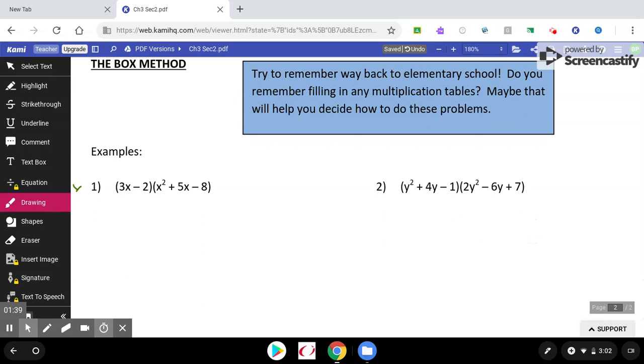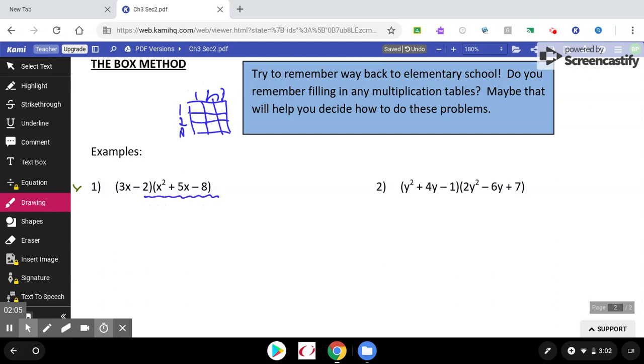So way back in elementary school, do you remember doing multiplication tables? A multiplication table would be just make a box, put a bunch of rows and columns in it, put some numbers out to the side, and then you would times the numbers together and fill in the box. Well, we're going to do something very similar to that here in these two problems.